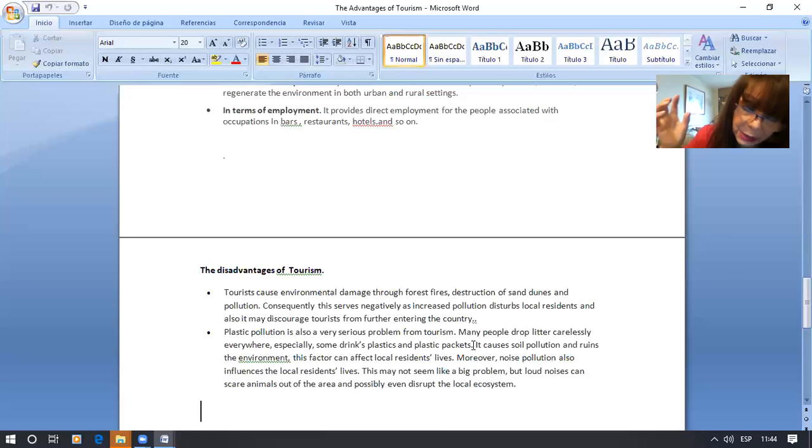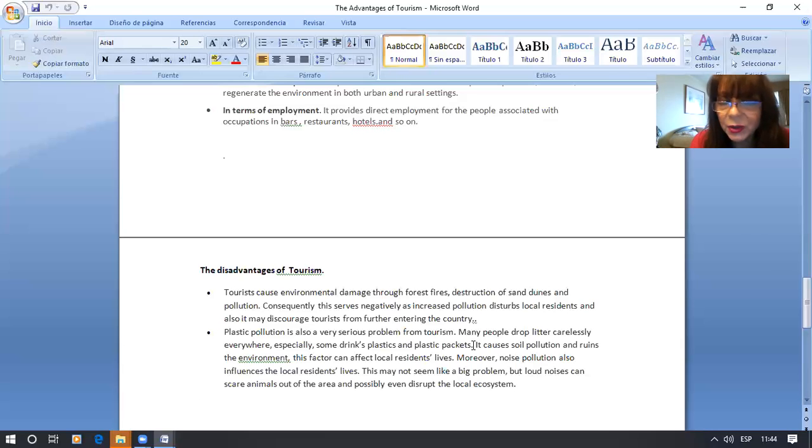People usually put in that packet, that is made of plastic, the French fries and maybe a sandwich. And well, people go there, they eat these things, and then what do they do? They throw the plastic packet. Well, it causes soil pollution. Soil is suelo, right? Soil pollution, and ruins the environment.